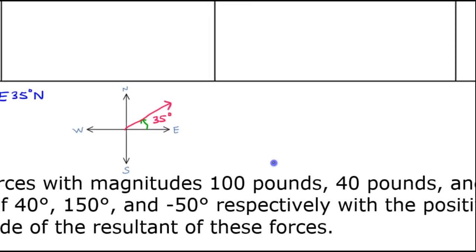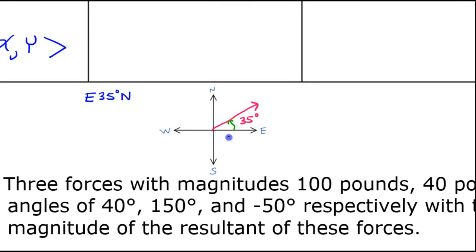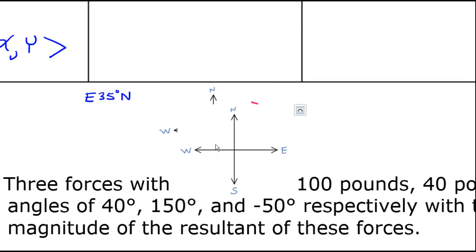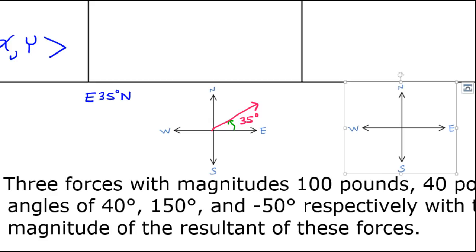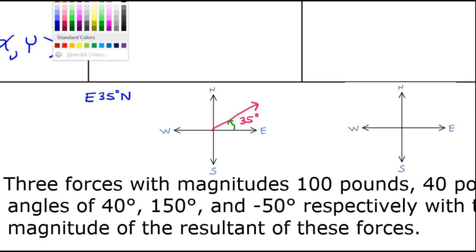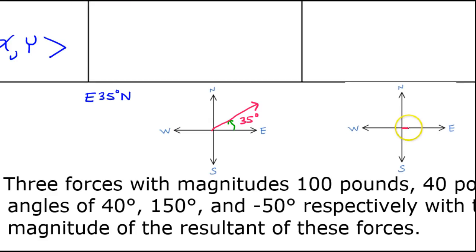So look, due east, let me just copy this for a second. All right, I'll use this compass rose to show what the wind is doing. If the wind is blowing due east, that is 0 degrees. Measured from the positive x-axis, it is the positive x-axis.